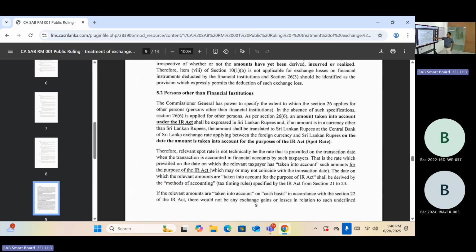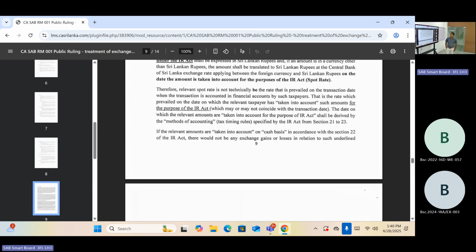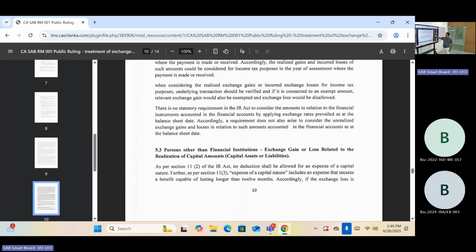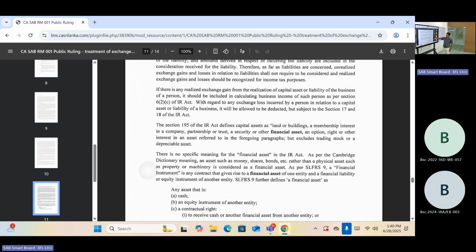Having said that, if there is any difficulty in working out the financial statement or tax on a spot rate, it says how it should be done. There are two categories they are recognizing.